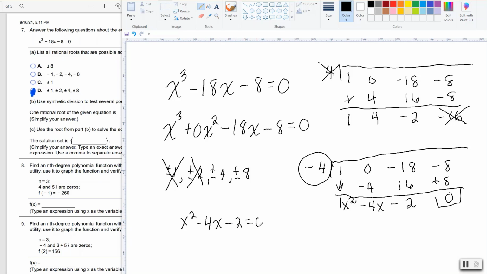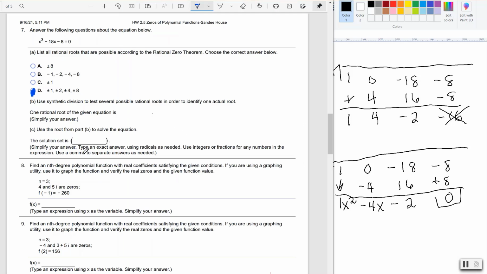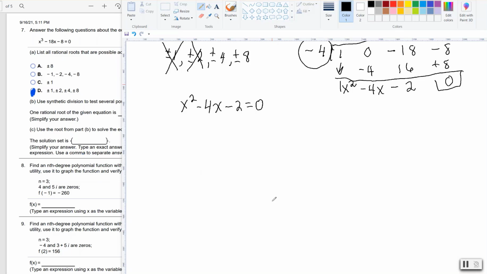And I'm looking to see if this has any rational roots. At this point, I want to use the quadratic formula. I could try factoring, but look, there are no factors of negative 2 that'll give me a negative 4. That tells me that these 8s aren't going to work. You can go ahead and do 8 and negative 8, but neither of them is going to have a 0 remainder.